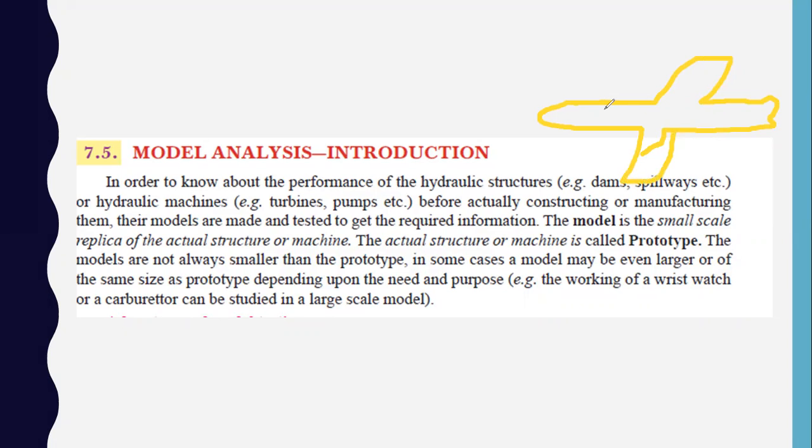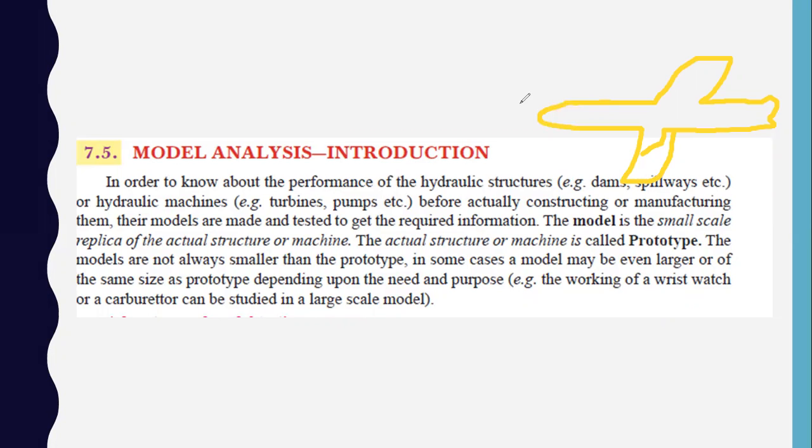So we will 3D print this and then place it inside the wind tunnel, and then we will find out the drag force and the lift force for particular wind velocities. Then with the results from this model, we will go for the prototype, then the product. So this is the general procedure for all kinds of products.